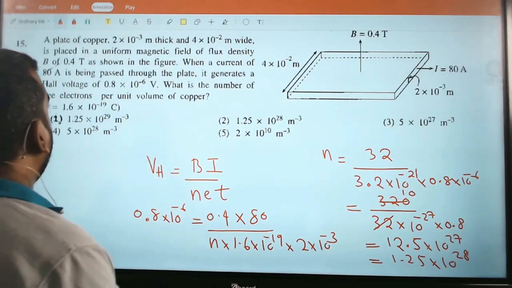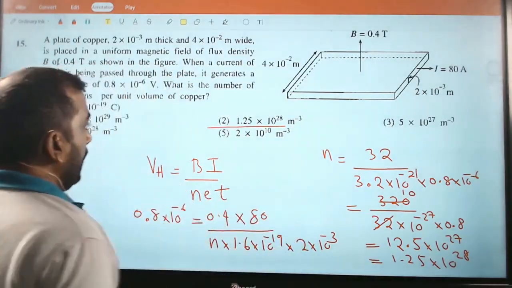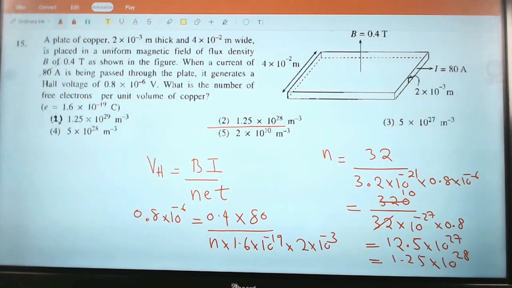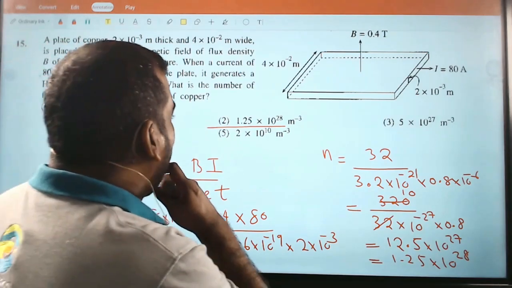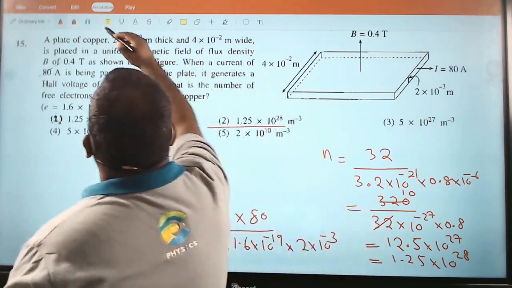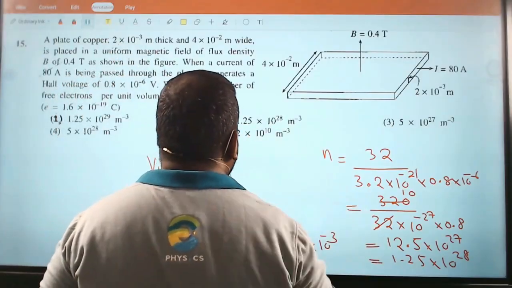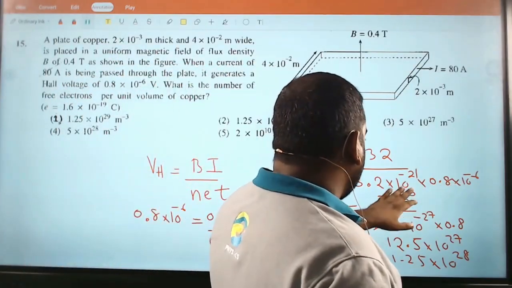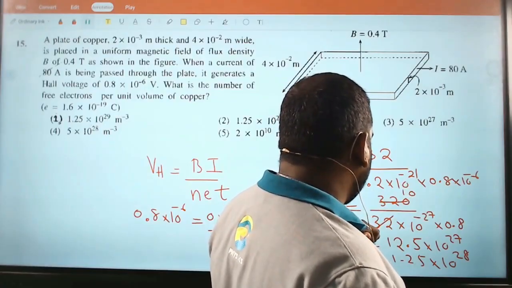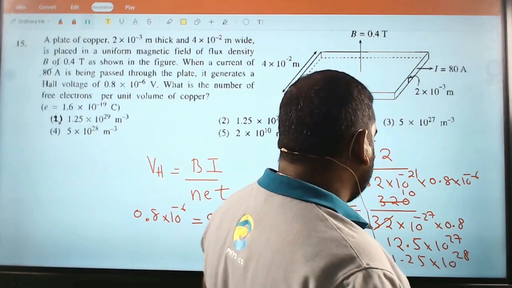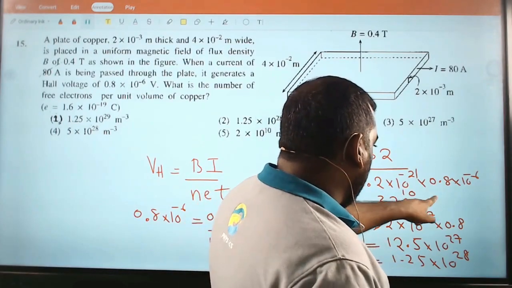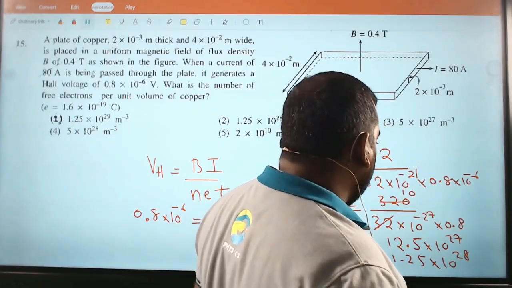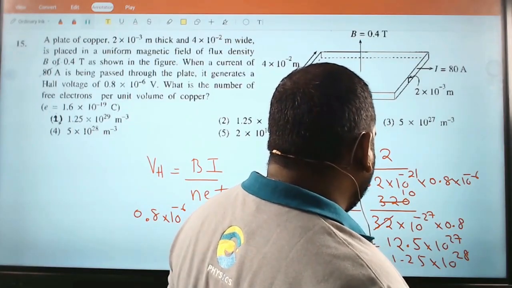Correct answer? Calculate carefully. Minus 27, sorry, 10 on top, 100 by 8, 12.5.